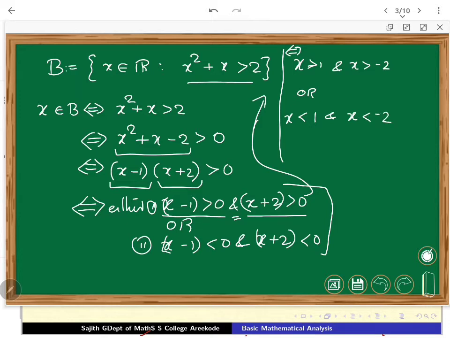So either the first one or the second one. So what about the first one? It means x greater than 1 and x greater than minus 2. We can just look at the picture, what is going to happen. See, this is enough for us.